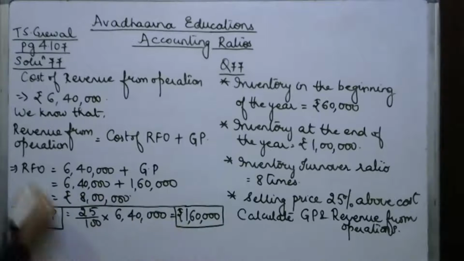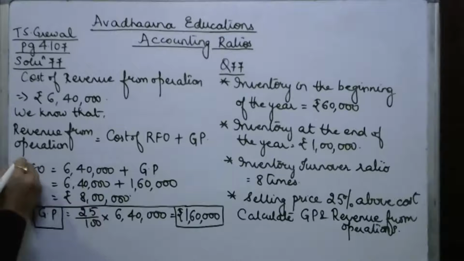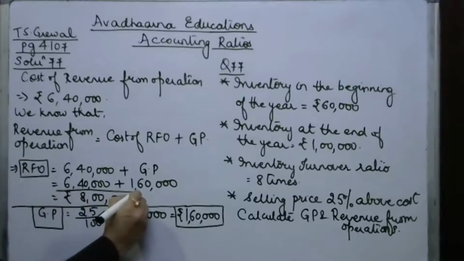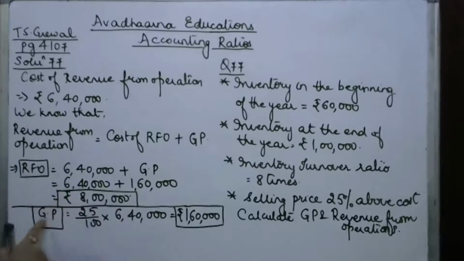Fine. So we need to calculate two things. Revenue from operation, it is 8 lakh, and gross profit is 1,60,000. I hope the solution of this problem is clear to everyone.